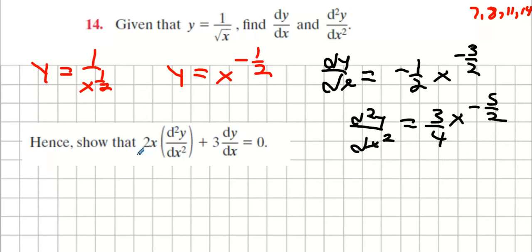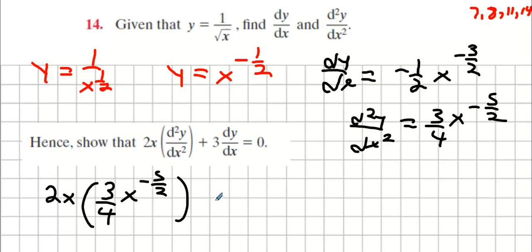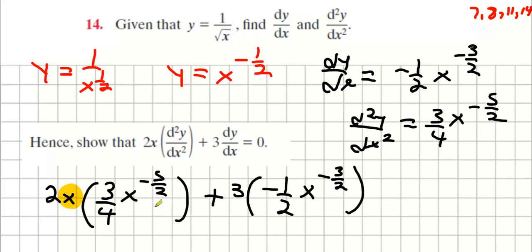Then put everything into the formula. We get 2x times the second derivative, which is 3 over 4 x to the power minus 5 over 2. And then 3 times minus a half x to the power of minus 3 over 2. Now, here's what's going to interact with each other. My eye is looking at this one here and this one here.